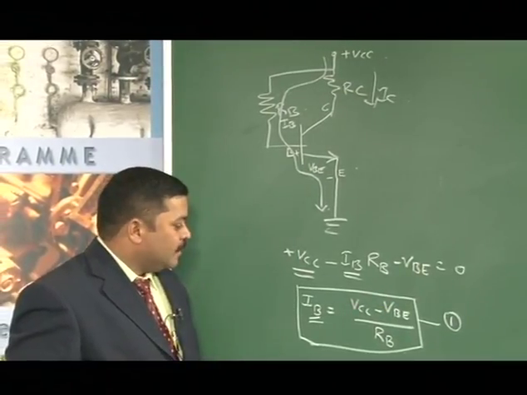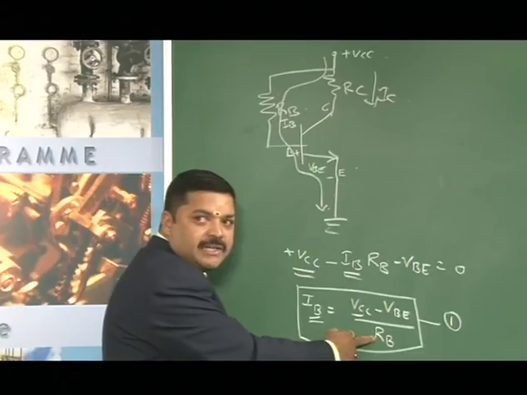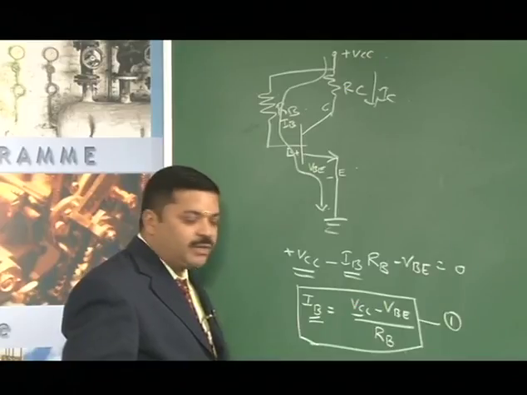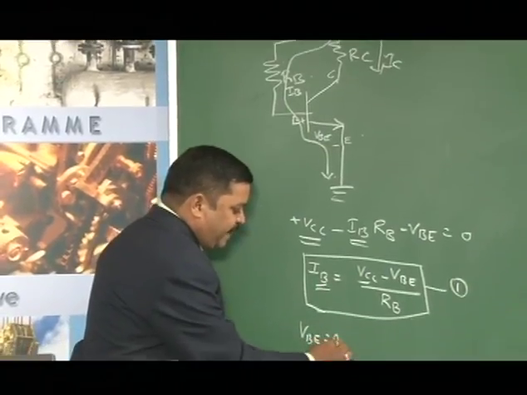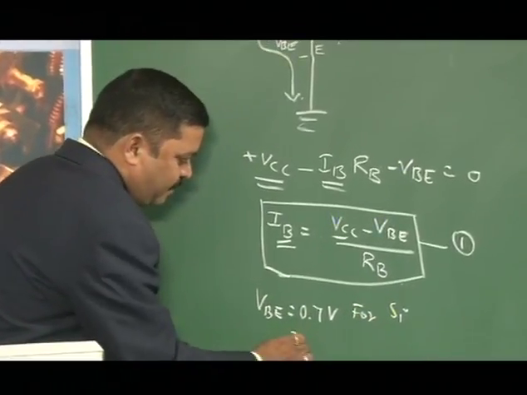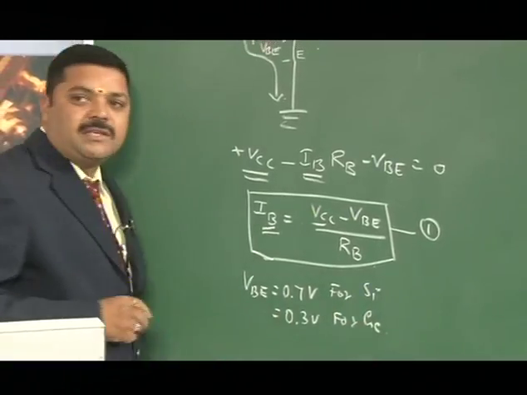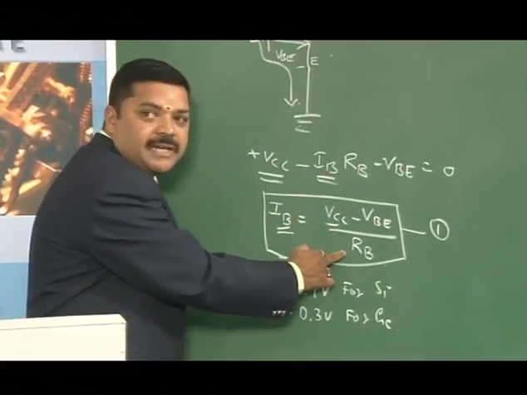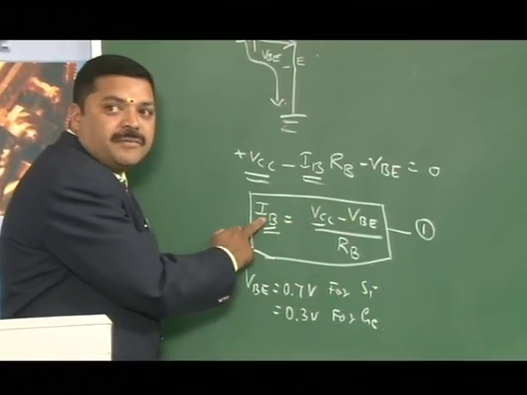Here VCC is constant and RB is a fixed value, and VBE, which is the cut-in voltage of the transistor, is 0.7 volts for a silicon transistor and 0.3 volts for a germanium transistor. So this VBE is also constant. Constant minus constant is constant, divided by constant, therefore IB remains constant.